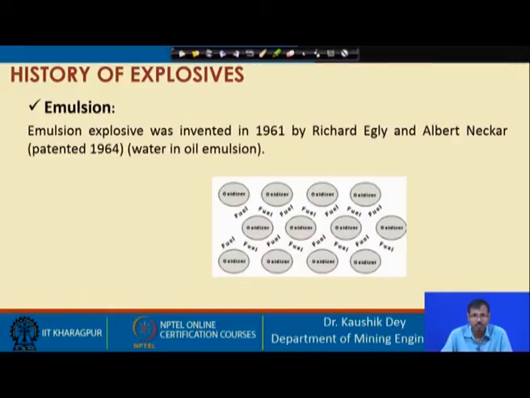That is why we desensitize nitroglycerin to achieve dynamite and gelatin, so that we can use it as per our wish, in a controlled manner while we are carrying out the blasting. And gradually from nitroglycerin we have shifted towards the ammonium nitrate based explosives.